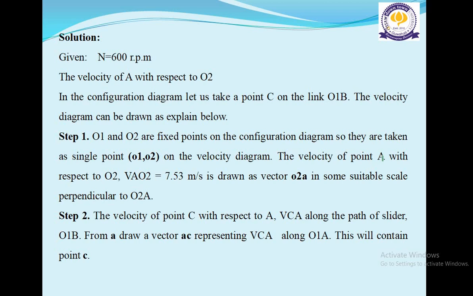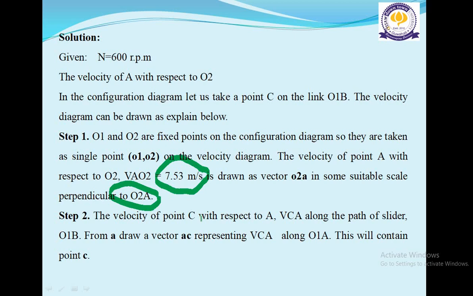The velocity of point A with respect to O2, that is VAO2, is equal to 7.53 meter per second, drawn as vector O2A in some suitable scale, perpendicular to O2A. In some suitable scale we draw this vector, and it is measured as 7.53 meter per second.